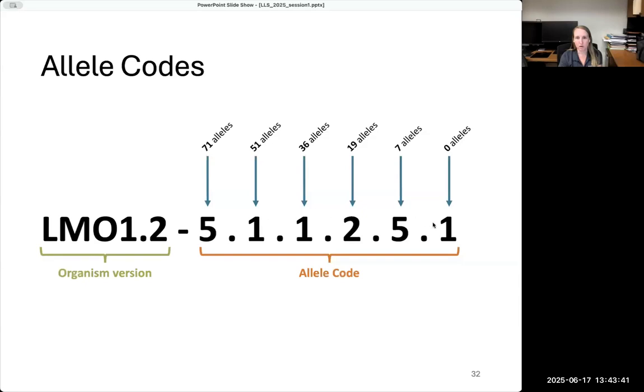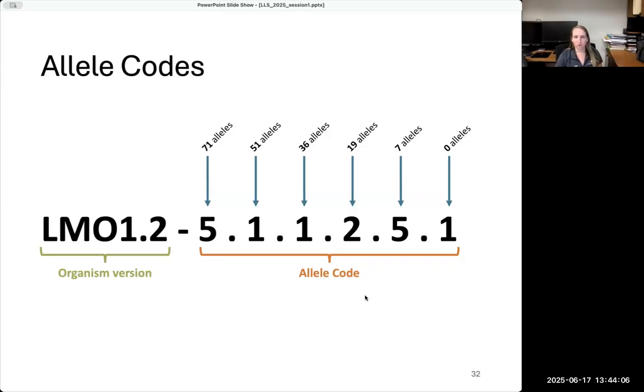Based on where the digits are, it shows the allele difference range for isolates that have matching digits in those spots. So this first digit is 71 alleles. The second digit is 51, the third one 36, fourth one 19, fifth one 7, and sixth one 0.